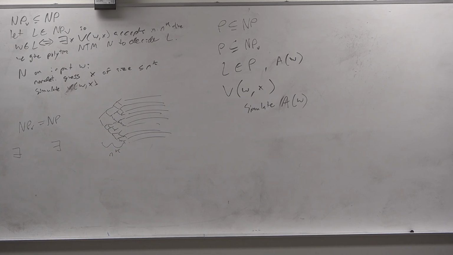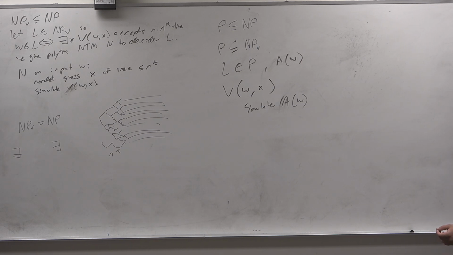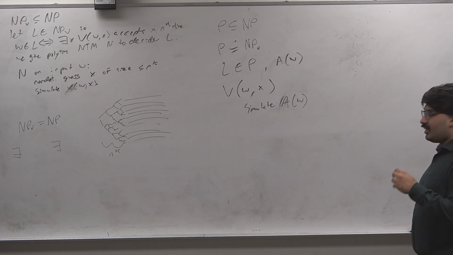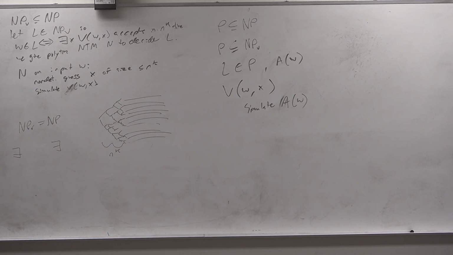The verifier is an algorithm that takes as input two strings and outputs a yes or a no. It doesn't have to decide the problem. The verifier does what it does, and we argue about its behavior on all possible x. For example, the verifier for SAT plugs and chugs.